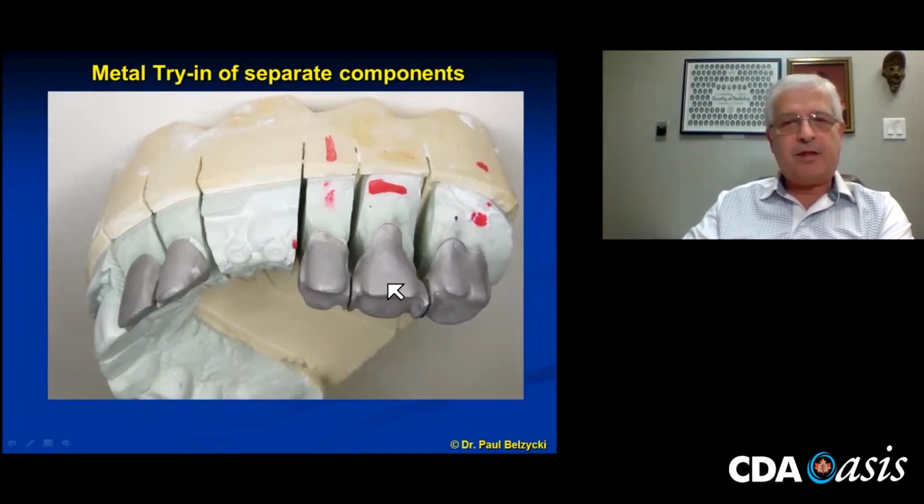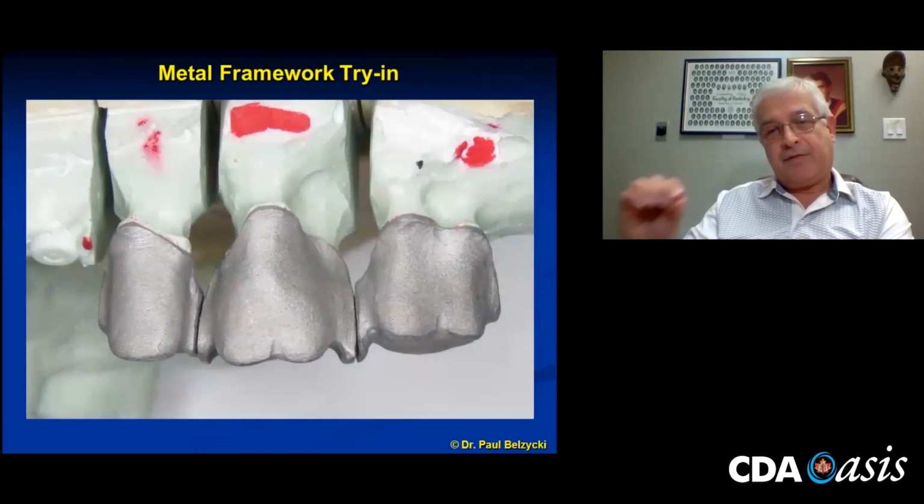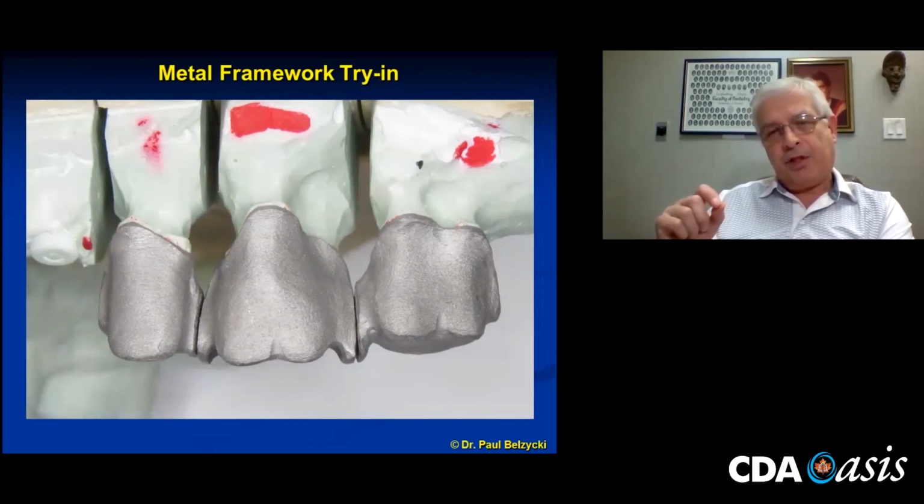And this is how I do all my cases. If I've got splinted crowns, even if they're 2, I still have everything come back as separate units, because I need to try in the metal to satisfy my little pressure transducers in my 2 fingers. I want to put these into place, and I want to discern, is there an impediment to that retainer going to place smoothly?